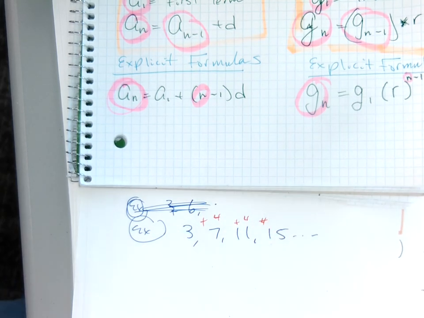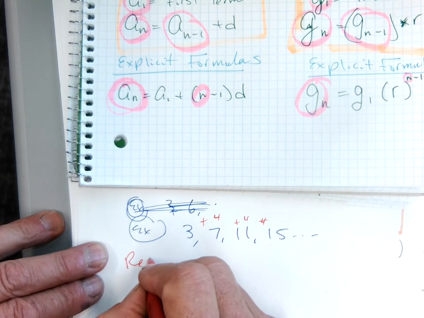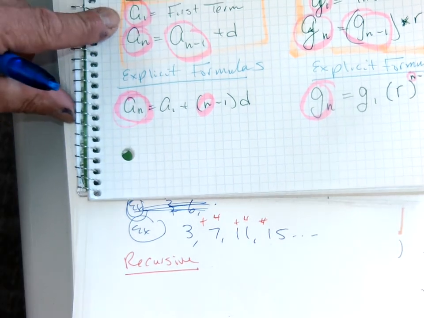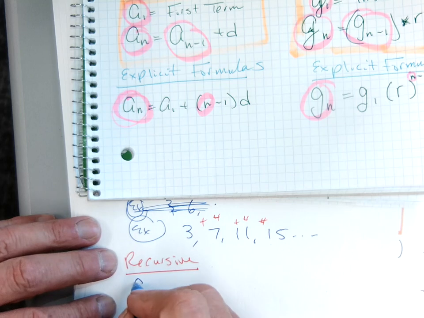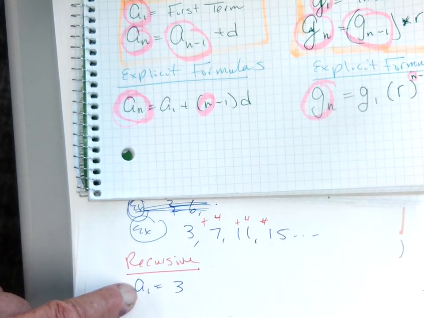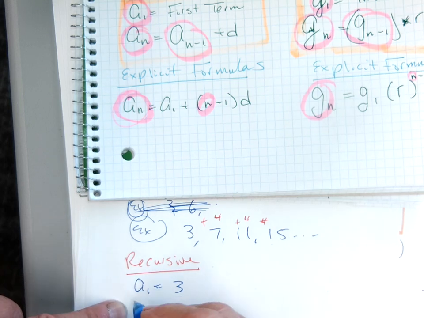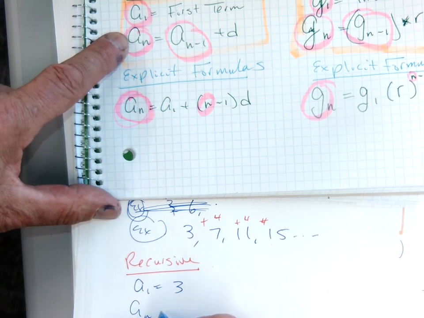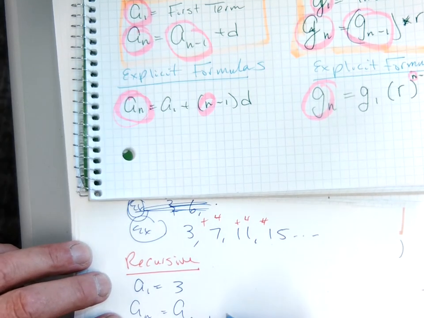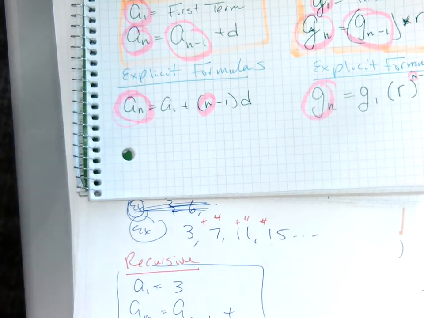If I needed the recursive, I'm going to say a1 equals 3. There's my variable. Then a of n equals a of n minus 1 plus 4, where d is 4. That is my recursive formula.